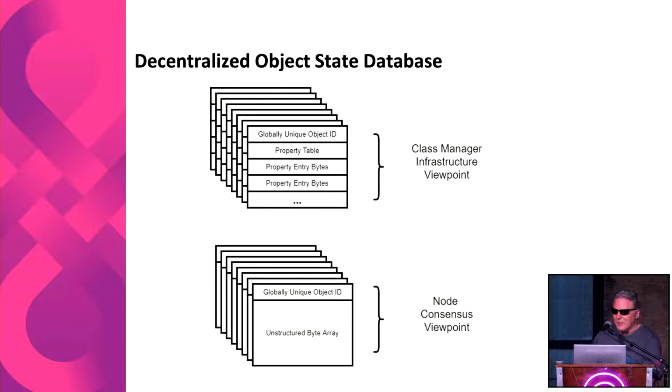The next level up is above it, which is outside the knowledge of the consensus algorithms of SagaChain altogether, is the class manager infrastructure. And so the diagram here is showing that from the class manager infrastructure point of view, instead of being unstructured data, it is in fact a property table, and the properties are indexed by known indexes.